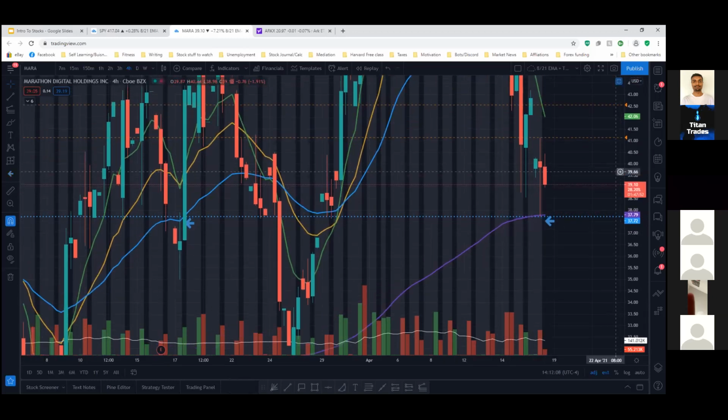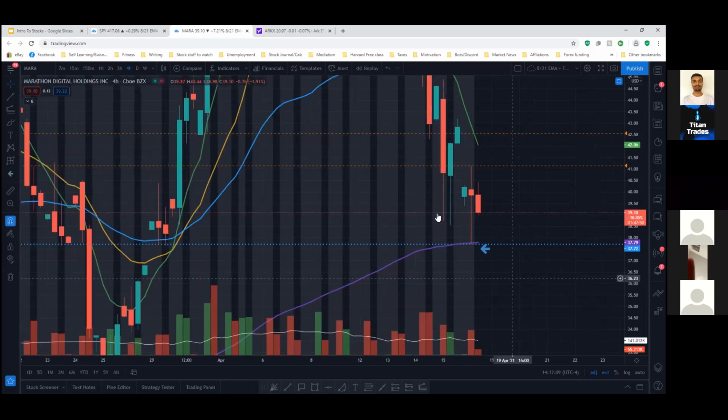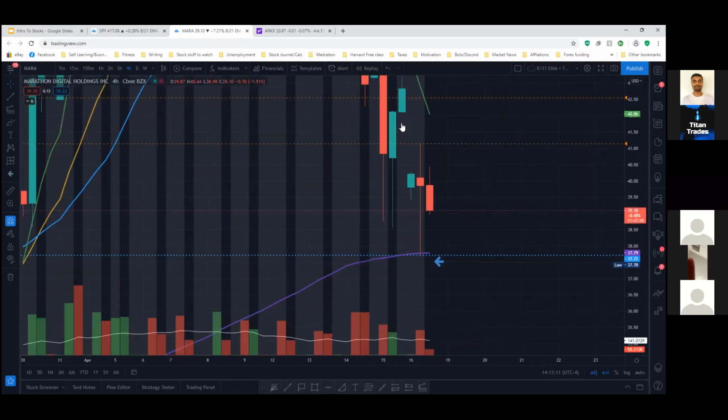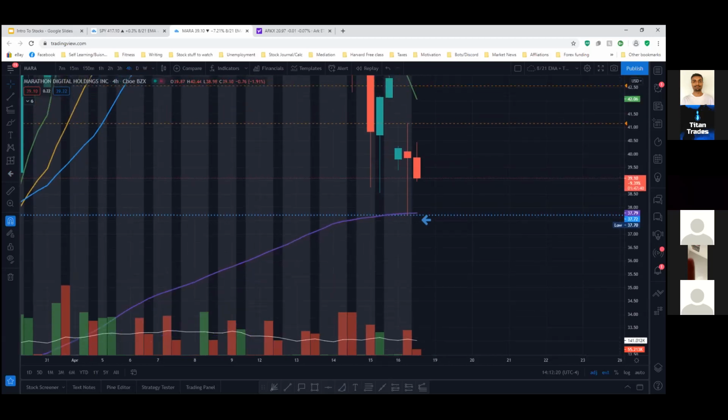And another good thing to look for is this 200-day moving average bounced right off of it and went up $2. Usually, if someone doesn't know, 200-day moving averages are institutional buying levels. Institutions sit there at that level. They either sit there and sell or sit there and buy, depending on where the stock is.